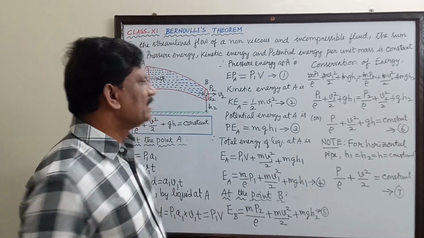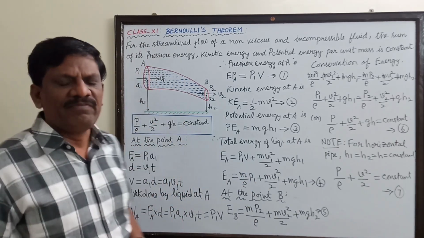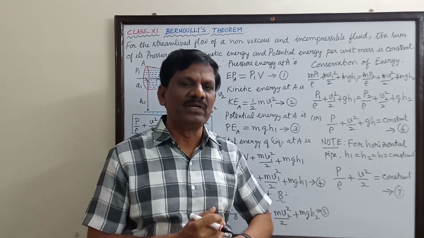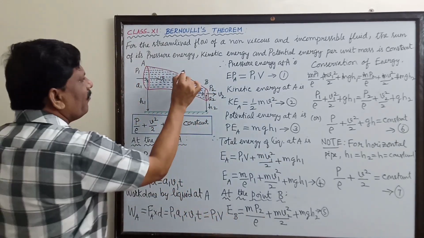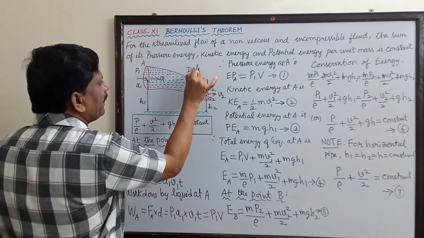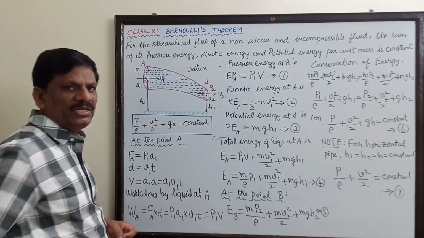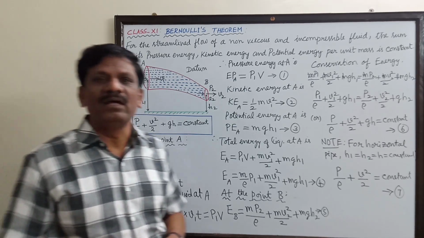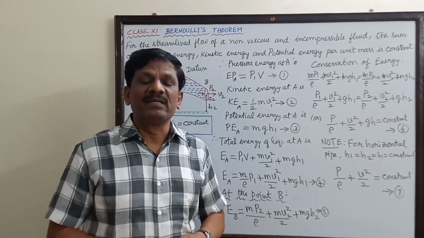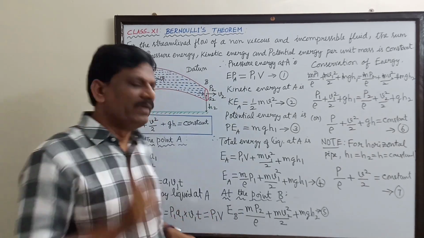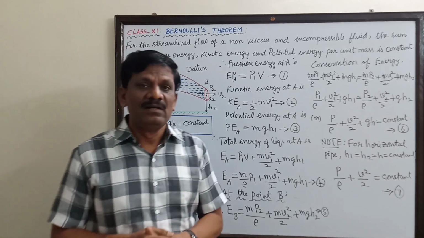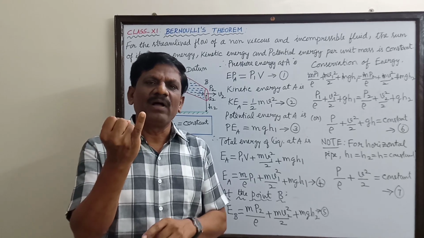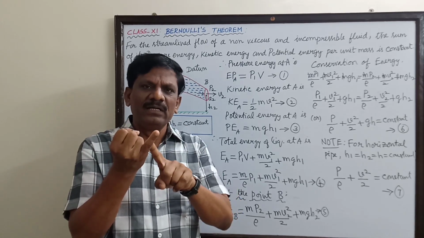Now my dear students, this pipe of non-uniform cross section is given another name in some other textbooks and competitive exam books, that is also called datum, D-A-T-U-M. Now I will recall the Bernoulli's theorem statement. We have to be very careful with the words. First, how to begin this? For the streamline flow of what liquid?